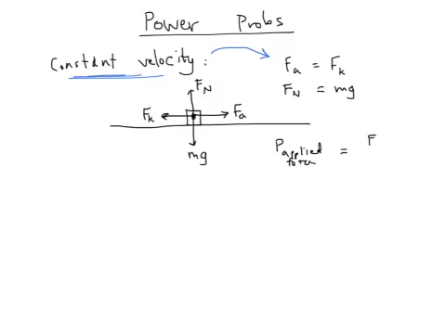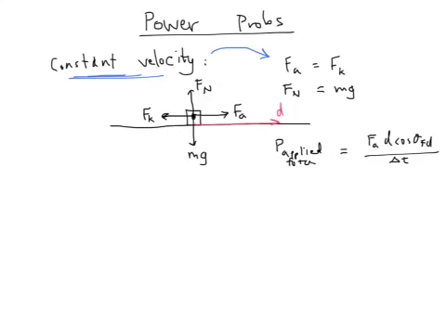We'll have Fa times d times cosine of the angle between Fa and d, over the time. And if we look at the picture, we can very clearly see if the object is being pushed to the right and kinetic friction pulls the other way to the left, that means it has to be moving some distance d to the right on the horizontal surface.